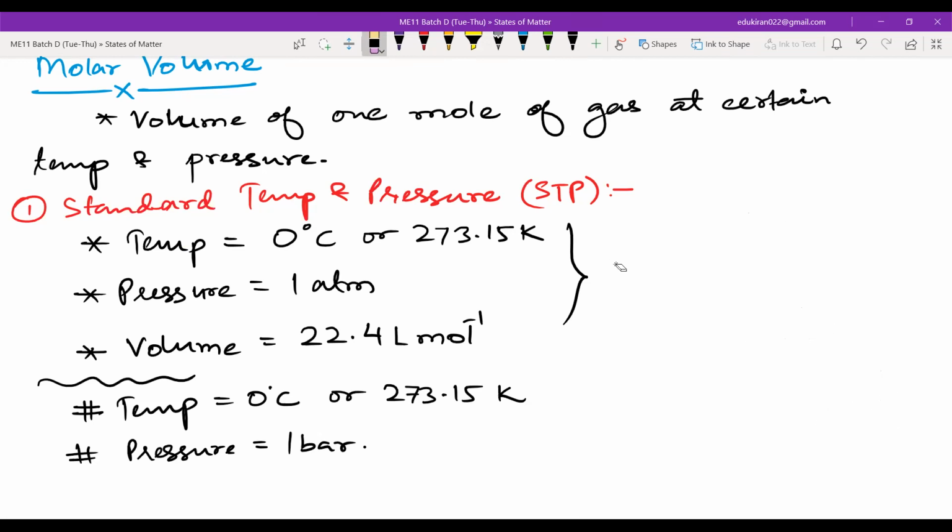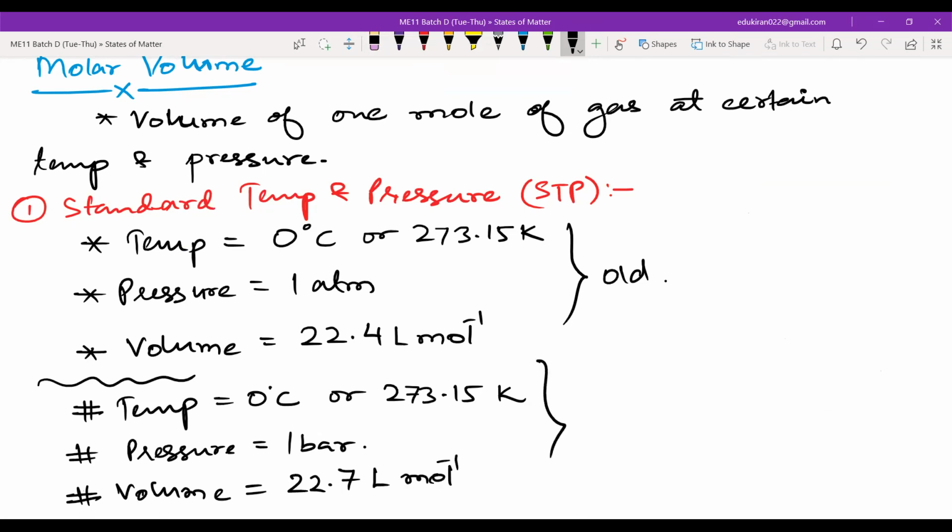standard temperature and pressure, and this is old. And for the new temperature and pressure, the volume is equal to 22.7 liters per mole. This is the new standard. Write this down. Let me know if you're done.